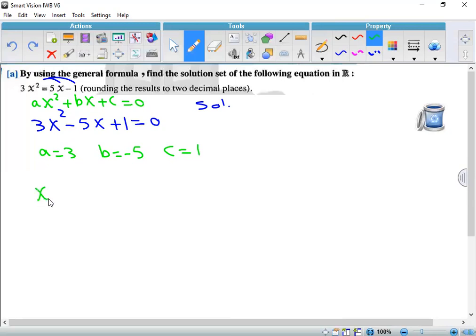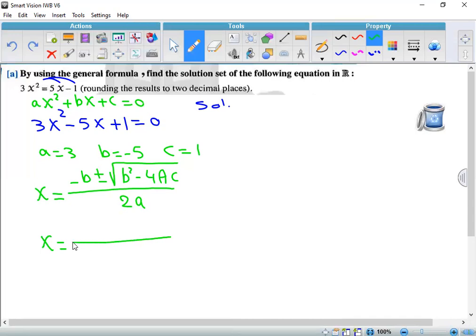x equals the formula negative b, positive or negative, square root of b power 2 minus 4ac, over 2a. Substitution for every a, b, and c.